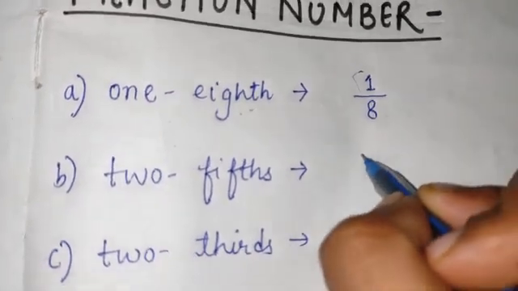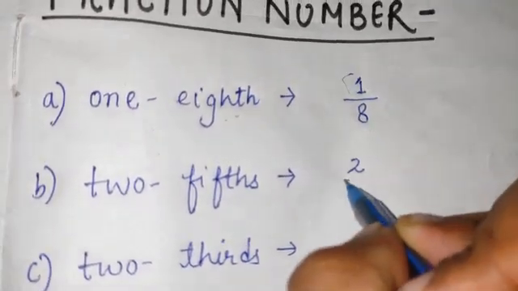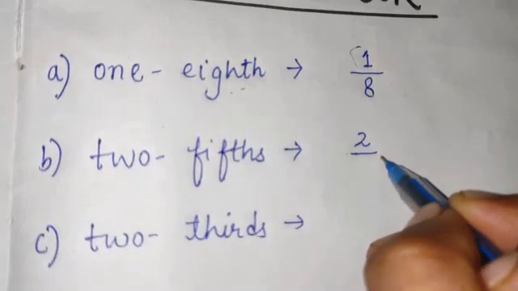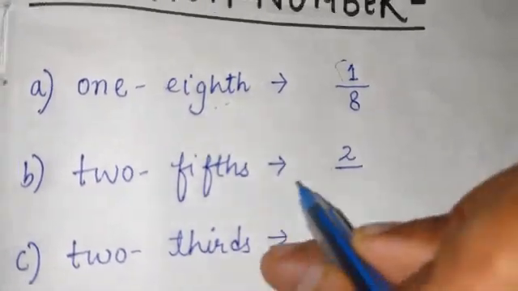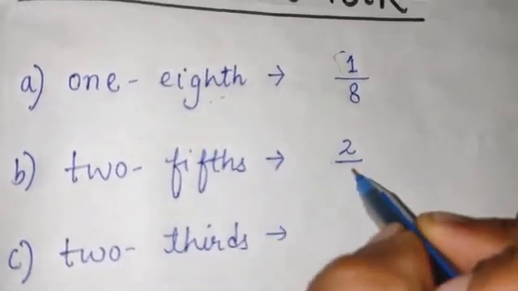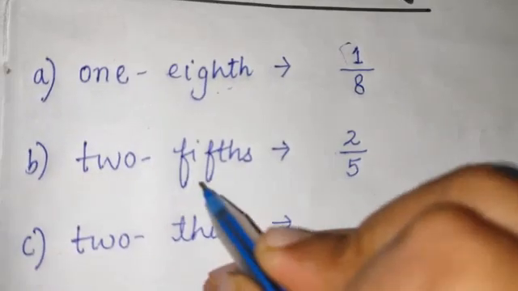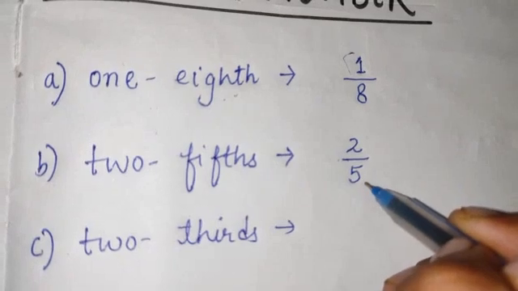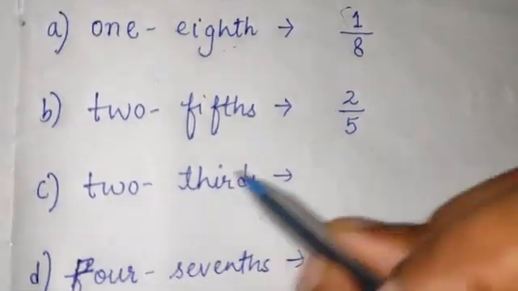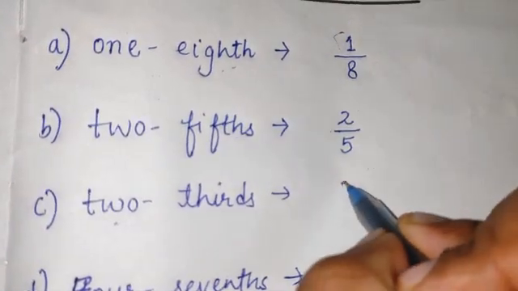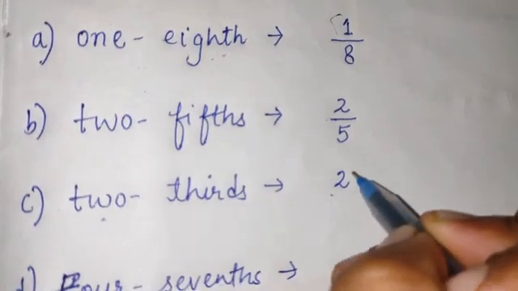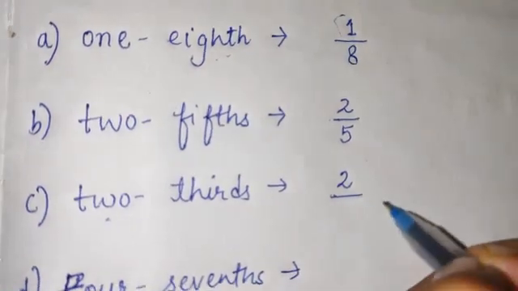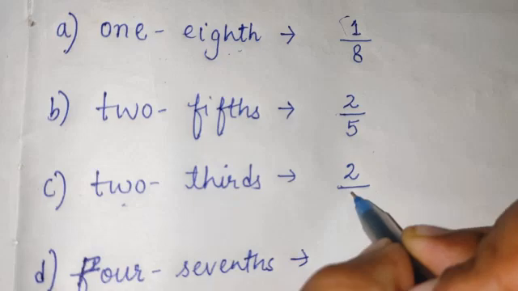Second, two-fifths. The number 2 is coming first, so it will be our numerator, then a line or the rule, then fifth means 5. It is coming at the second place, in the last, so it will be our denominator. Third one, two-thirds. So 2 is coming first, 2 will be our numerator, then the line, then thirds.